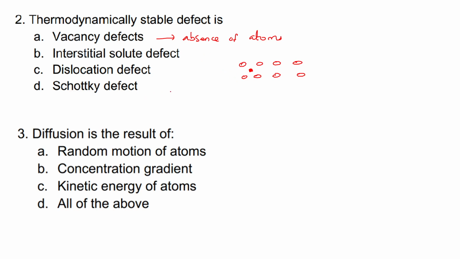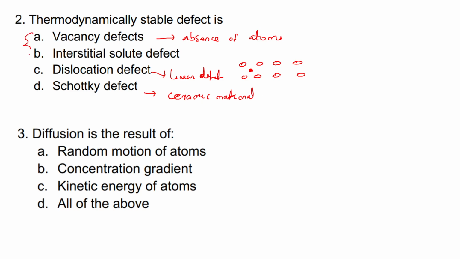Now, dislocation defect. That is the Burgers vector. It is a linear defect. Another kind is Schottky defect. I think it's not in your syllabus, but it normally comes for ceramic materials. Now, what are zero-dimensional defects?